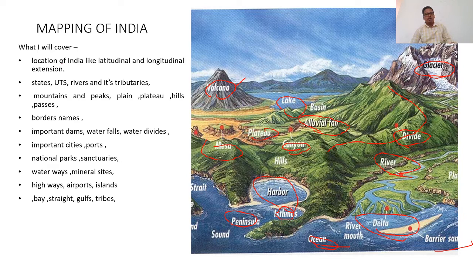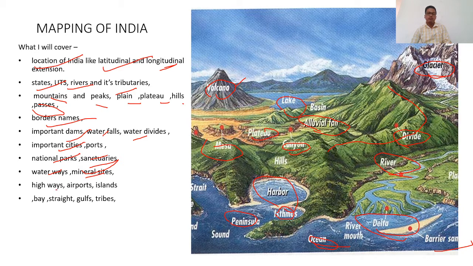So I will cover, as I said, the location of India, like your latitude, longitude, how many states and UTs are there, rivers and tributaries, mountains, peaks, plains, plateaus, hills, passes, then borders and the different names of your borders, important dams, waterfalls, water divides, cities, ports, national parks, sanctuaries, waterways, mineral sites.